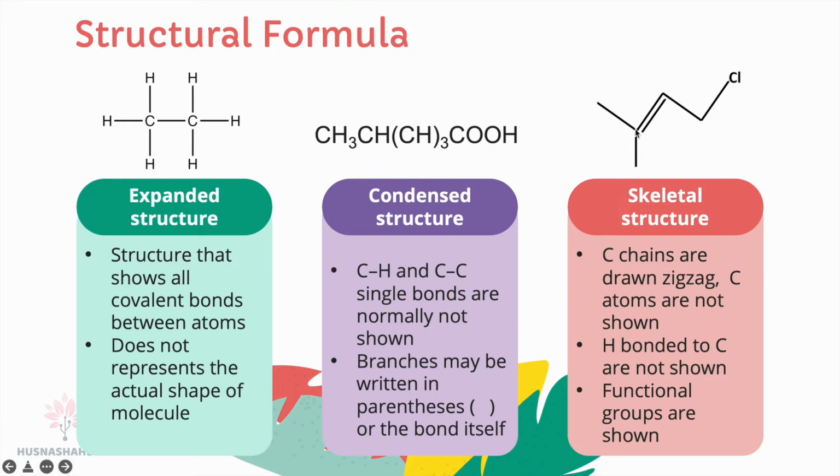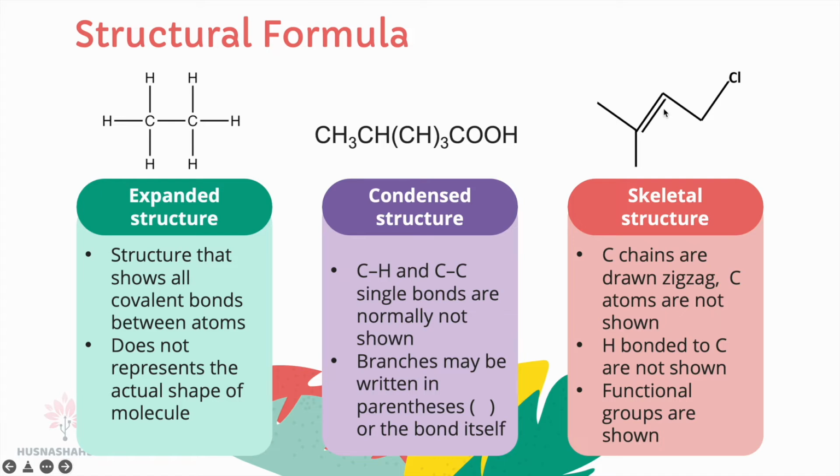And then here one more carbon, bonded to 3 hydrogen, and this carbon has a double bond with this carbon, and here this carbon has a double bond with this carbon and a single bond with this carbon.